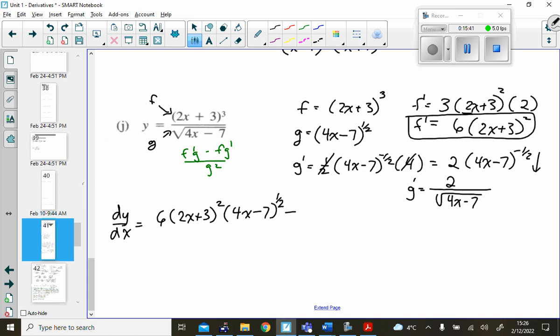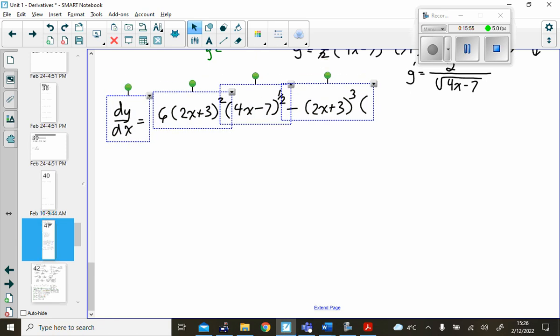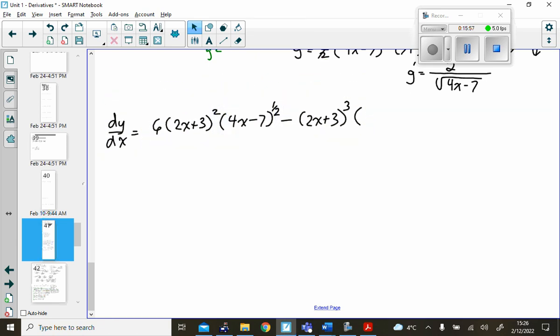then minus f, which is (2x plus 3) cubed, times g prime, and I didn't leave myself a lot of room here, so scooch that down just an inch.